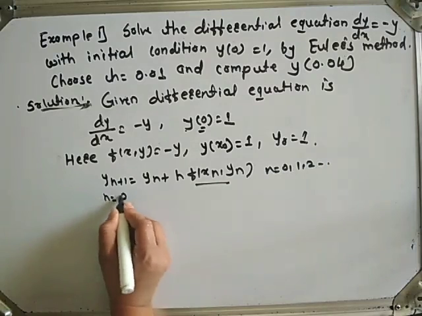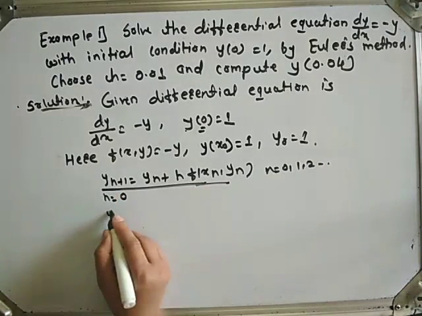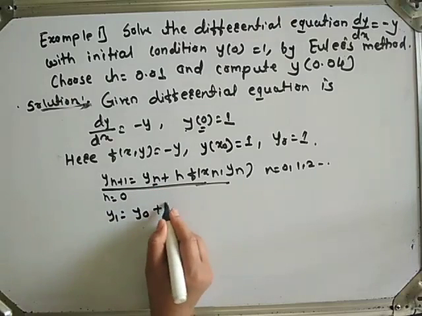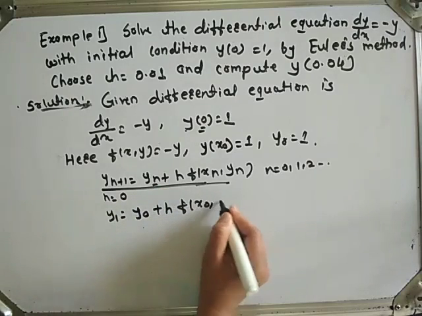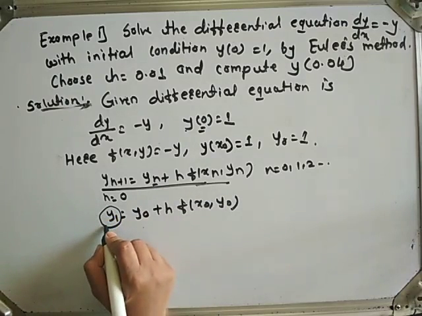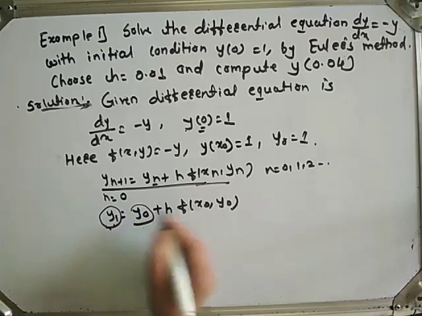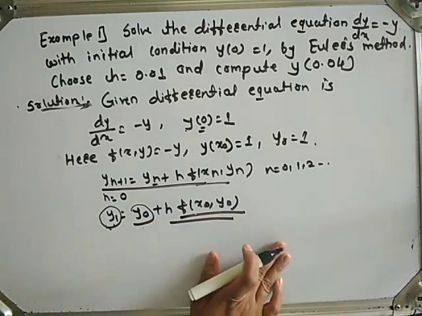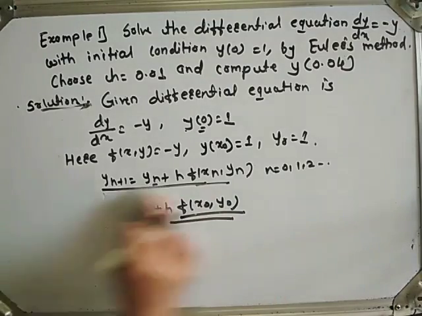If we put n is equal to 0, the formula becomes y1 is equal to y0 plus h into f of x0, y0. Therefore, for calculating y1 we require f of x0, y0, so first we calculate it.